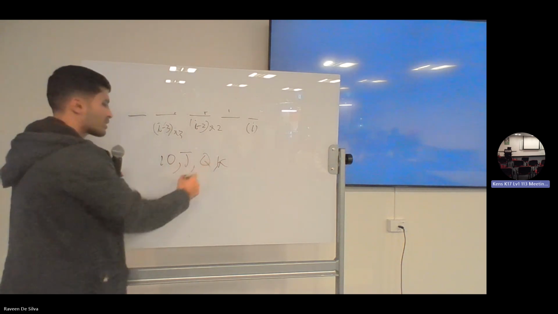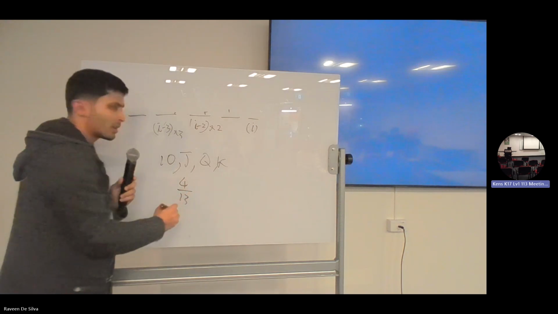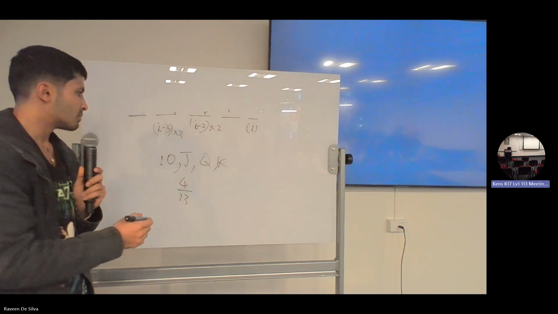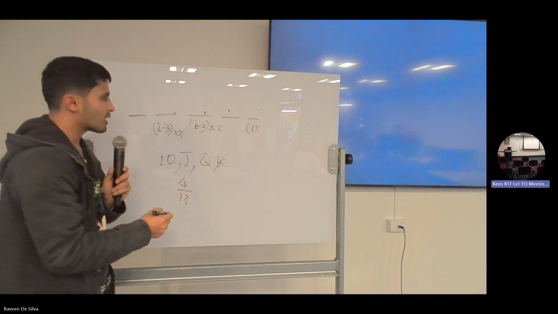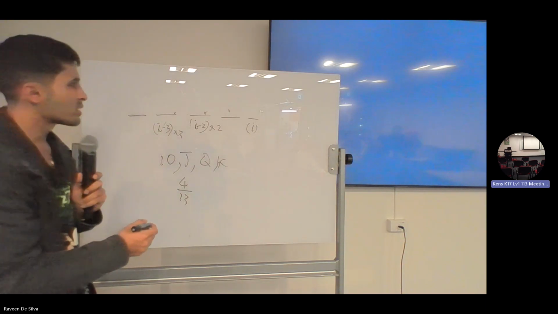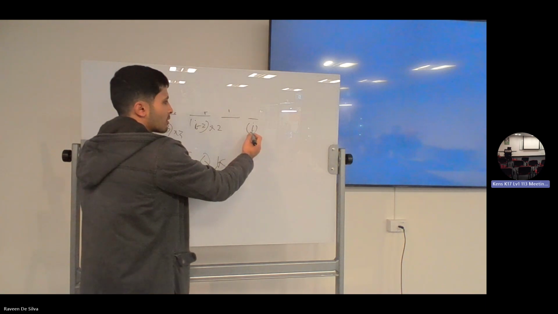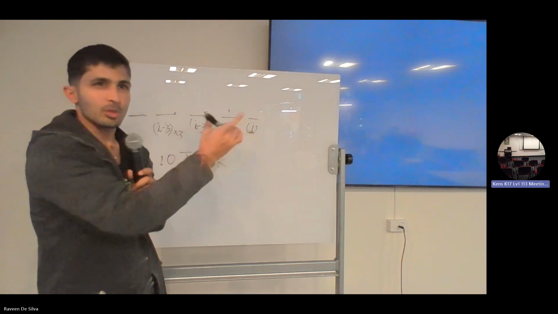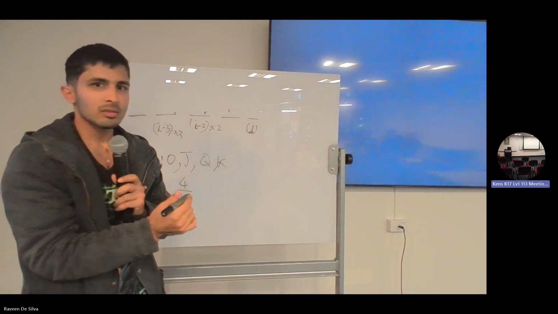So the probability of this is 4 over 13, and the probability of everything else is 1 over 13. Then you just run that, and your final answer is dp of the position of the very last card that you wrote.